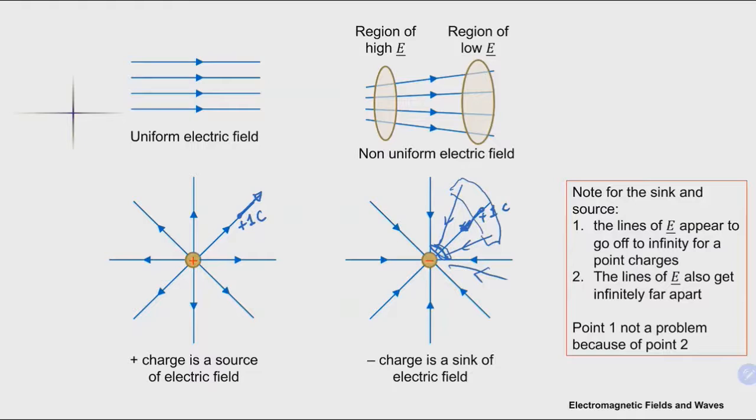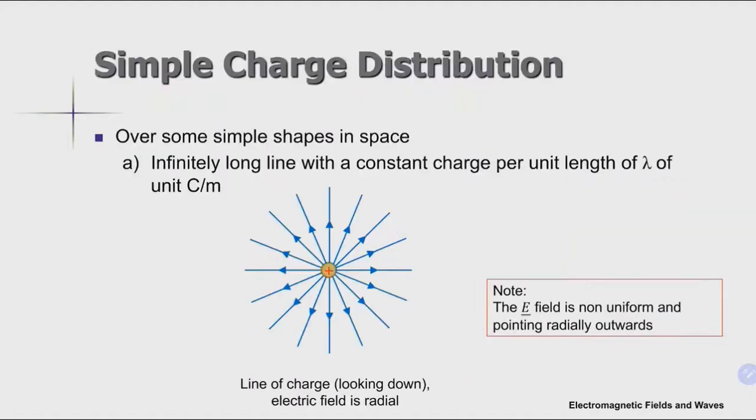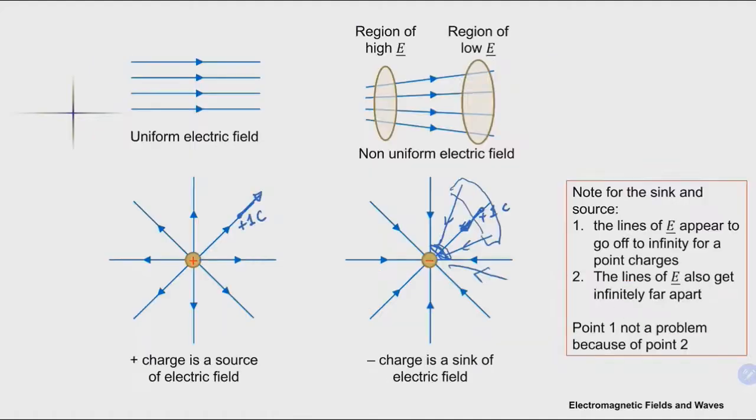We know that the magnitude is stronger in this region, and it's weaker when you go further away from the charge. Okay, so that's how we draw electric field.